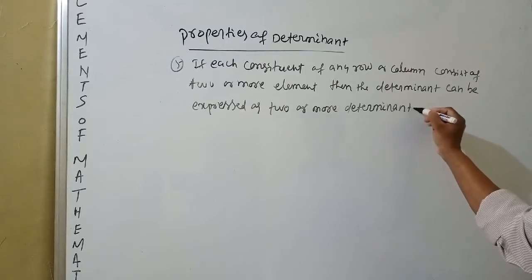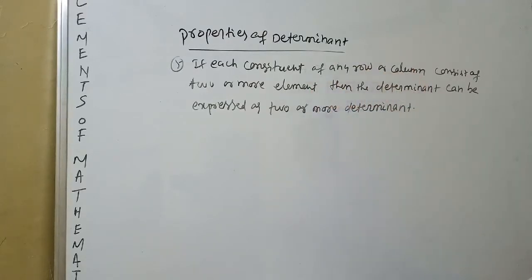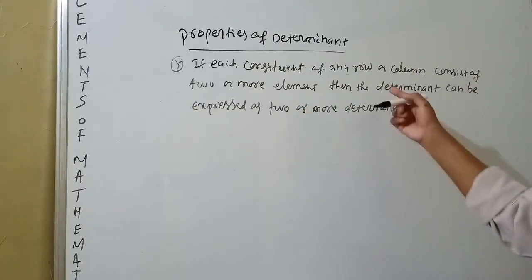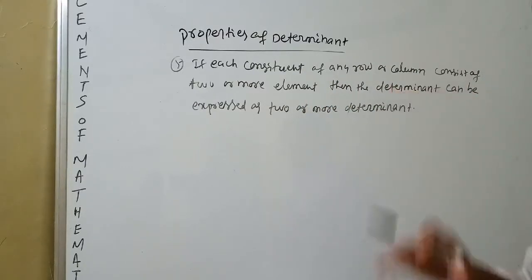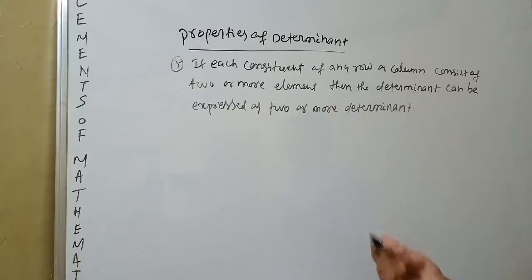You see what I said? Any row or column consists of 2 or more elements, so the determinant can be expressed as 2 or more determinants.